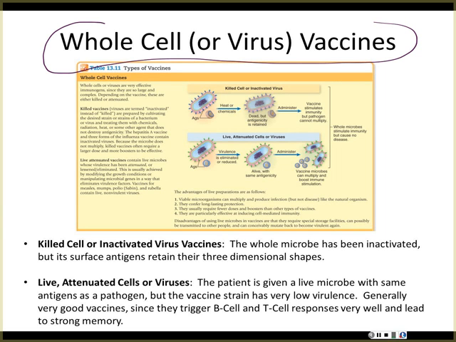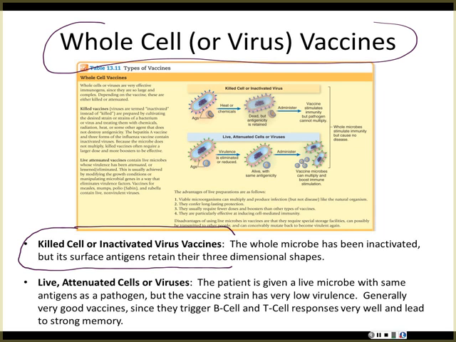So the antigens of the bad form of the virus or the live form of the cell are there. Your immune system detects them and responds to them just like you were being naturally infected. And some of these are called killed cell or inactivated virus vaccines. So you're getting the whole microbe, but it's been killed.